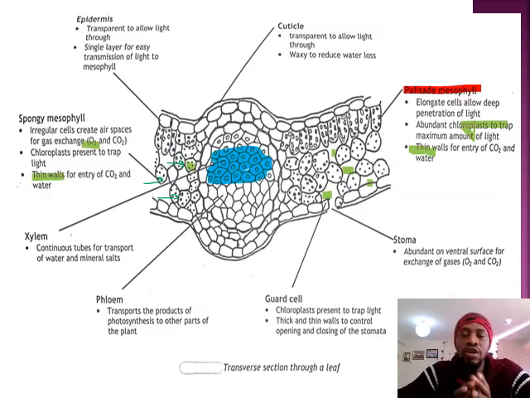Again, when water passes through, it passes through with mineral salts, because plants also need minerals to grow. That's why we provide them. If the soil is leached of minerals, we provide the plants with fertilizers, which bring in nitrogen and phosphorus, basically minerals. And again, in that midvein, we have the phloem, which is going to transport all the products of photosynthesis.